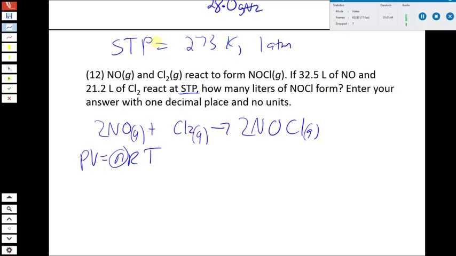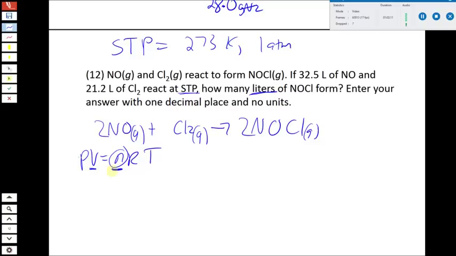However, we could also take a shortcut because at the end we're looking for the volume of NOCl that forms in liters. If we convert to moles first, we're going to have to convert back to liters at the end, so we're basically going to undo what we did using PV equals nRT. So a shortcut is to recognize that the volume that we're reacting is proportional to the number of moles. They're both in the numerator in this equation when it's written in this form.